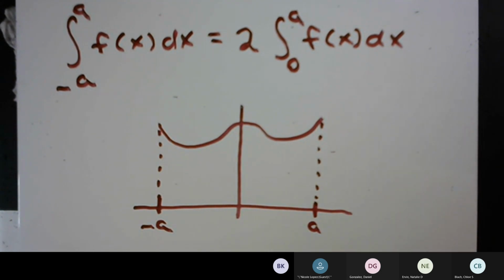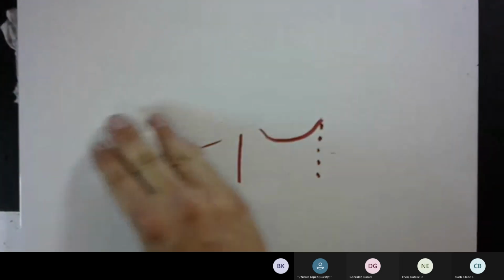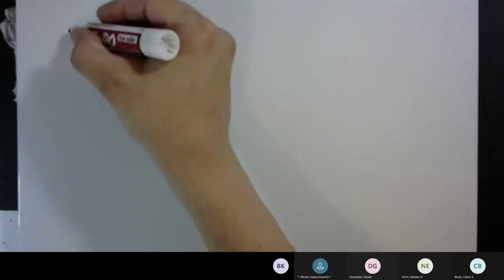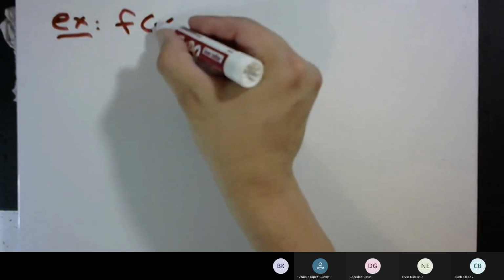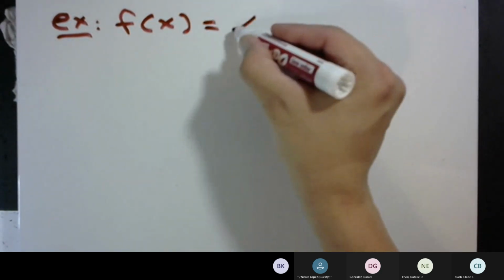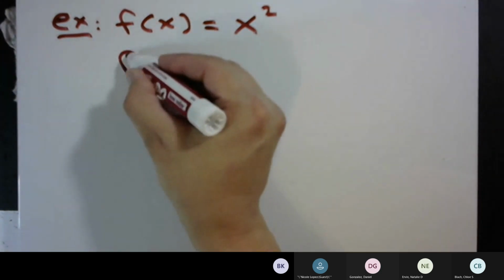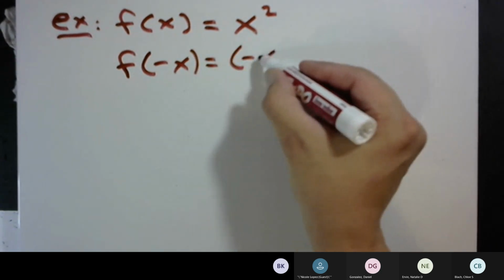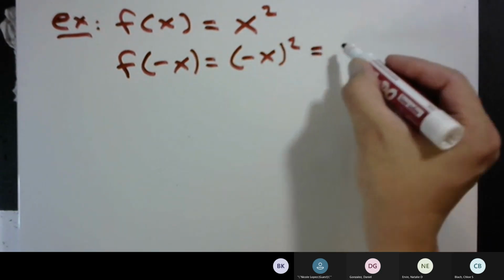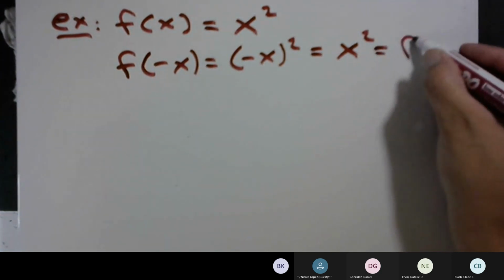So just to give an example, it's relatively simple. I don't want to call these simple necessarily. Let's let f of x be x squared. And sure enough, if we put in negative x, we're going to get x squared, which is our f of x to begin with.